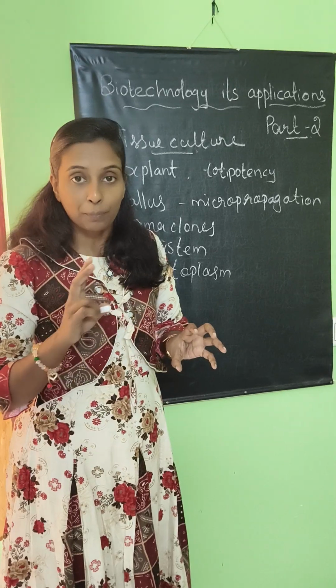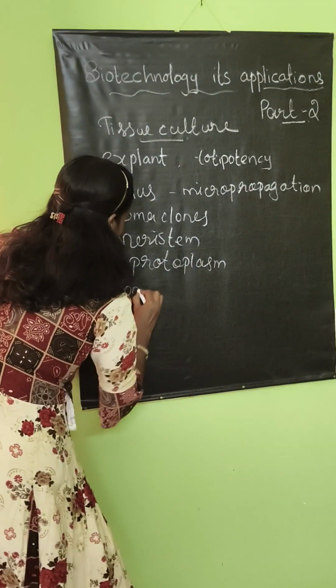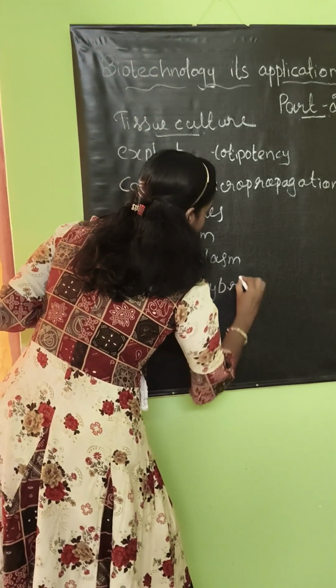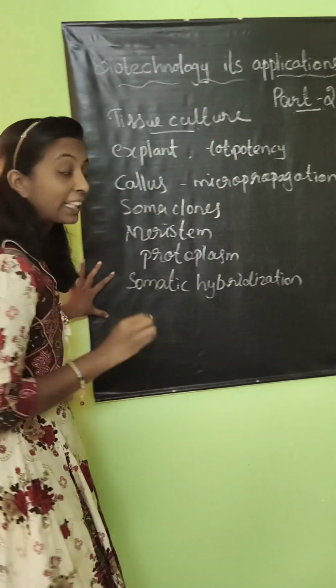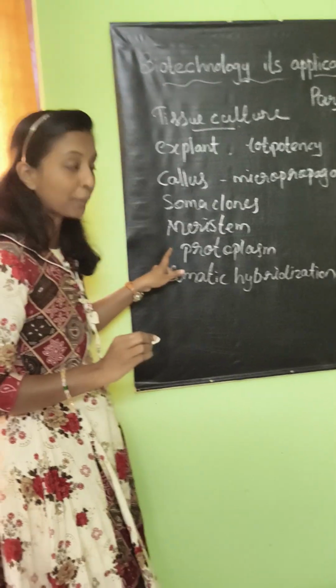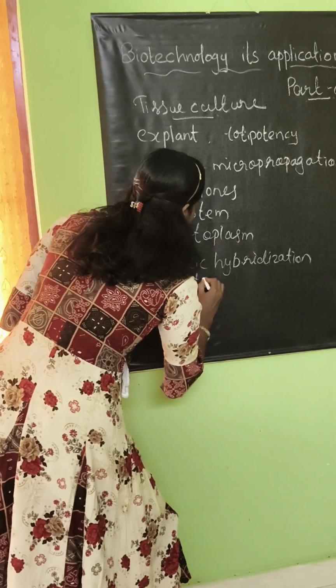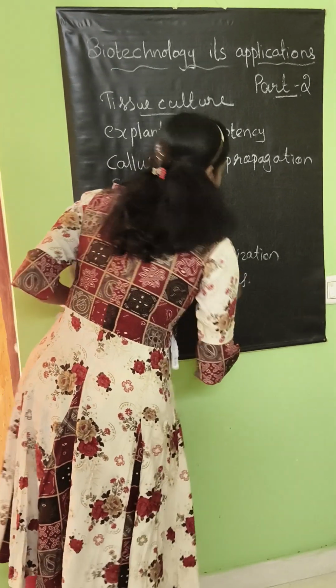Such a technique, such a process, we call somatic hybridization. The technique is called somatic hybridization, and the new plant we get with the help of protoplasts is called a somatic hybrid.